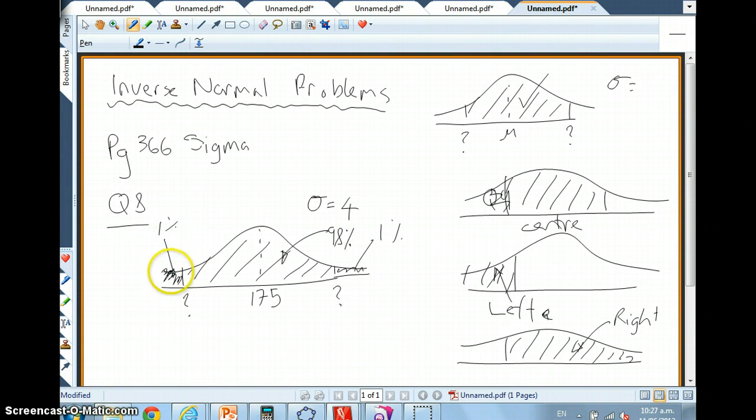So if you put in the area, the green calculator is always just set on left. You can't change whether it's centre or right. So you have to put in 0.01 to get that value. And then you have to do the problem again, and you have to put in 0.99, because it's always set with area to the left. You can't change it.